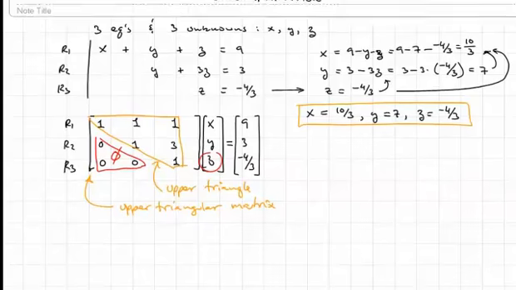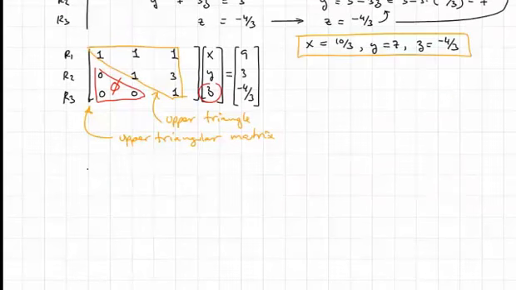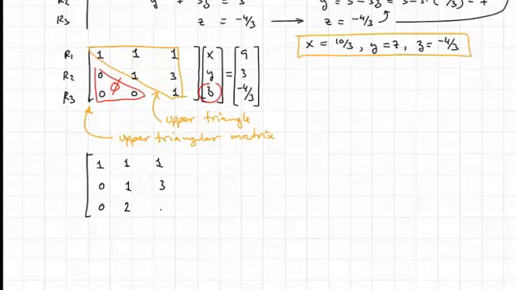As an example, let's suppose that we had a slightly different system. So let's say we had one misplaced non-zero here. We'll say that we have a 2 here and a 1.